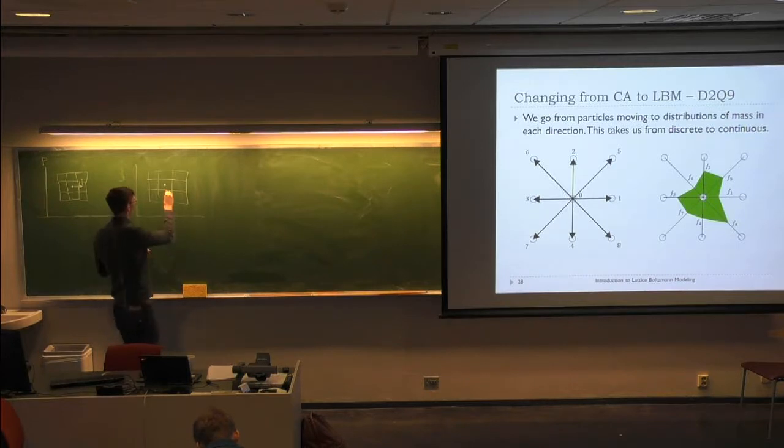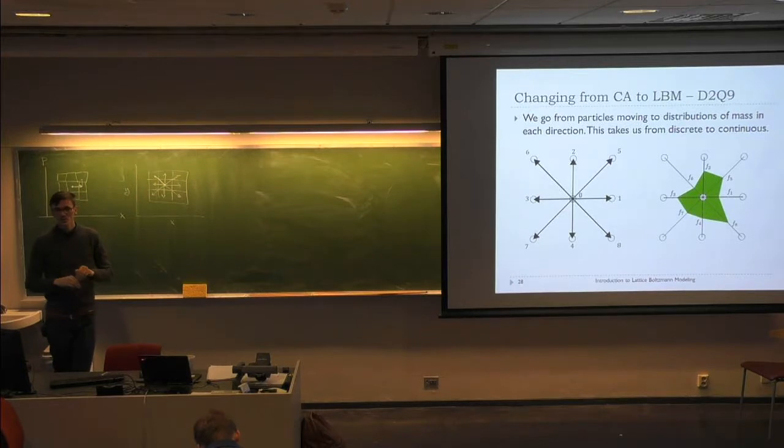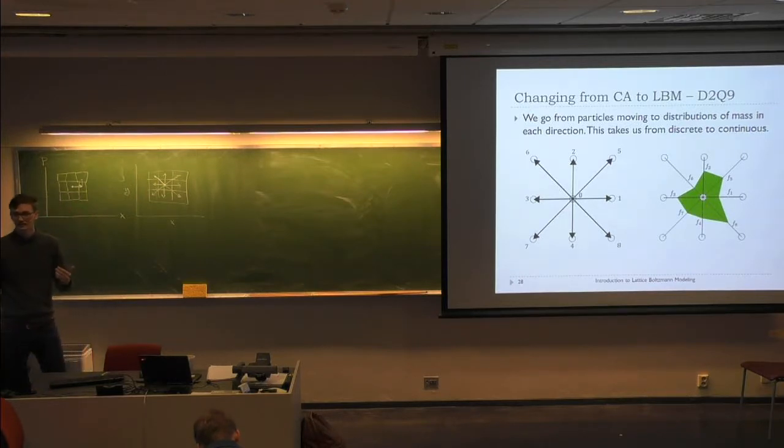Okay? So we say we let the particles flow there, there, there, so on. Those are all the directions we let the particle move in. But there's a distribution of particles moving in this direction, in this direction, in that direction. So the value is going to be F and not 0 or 1.